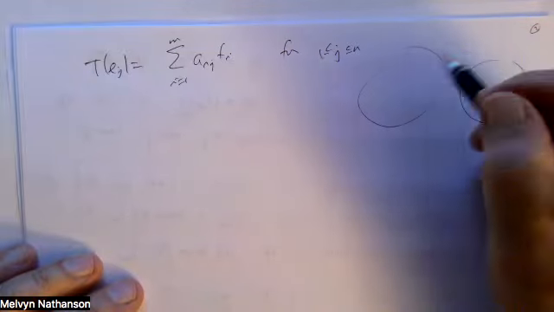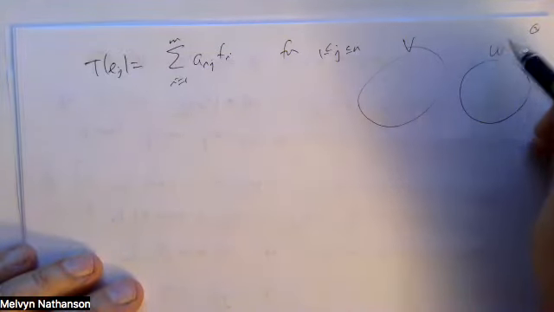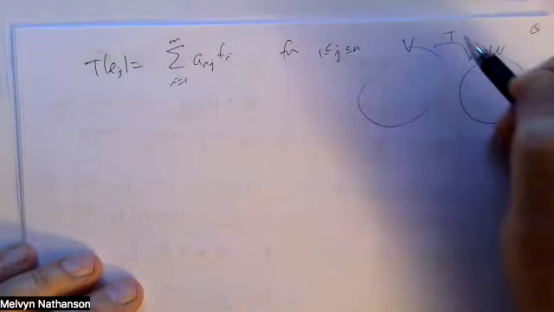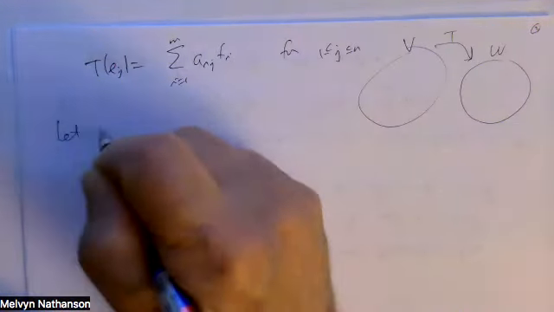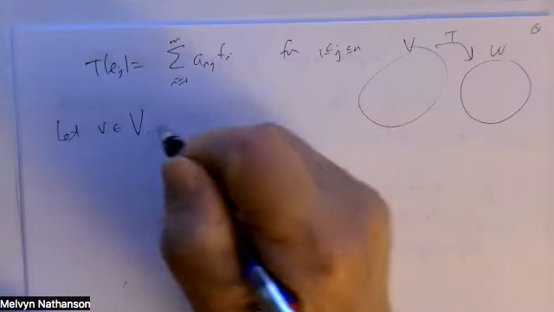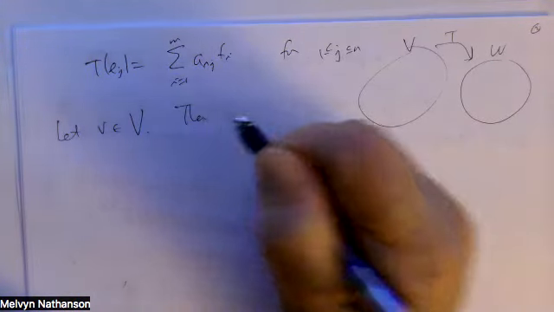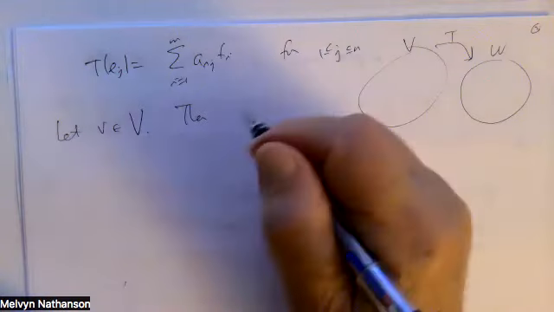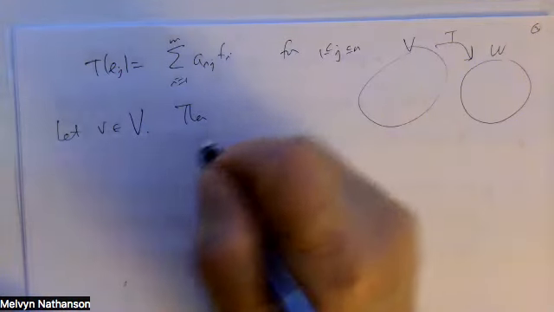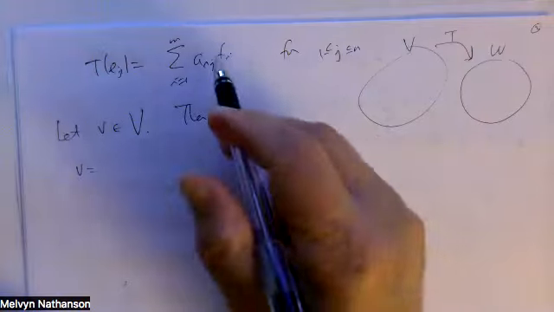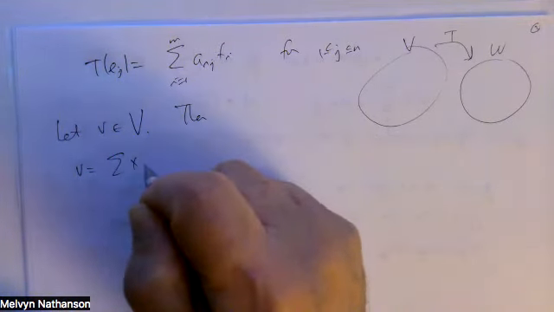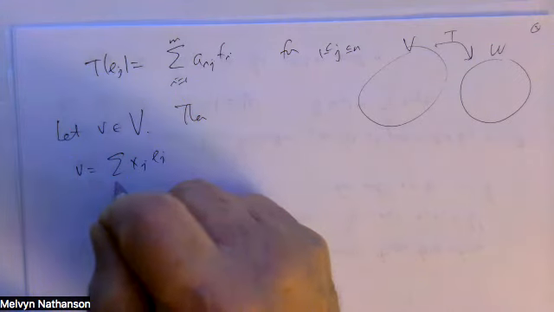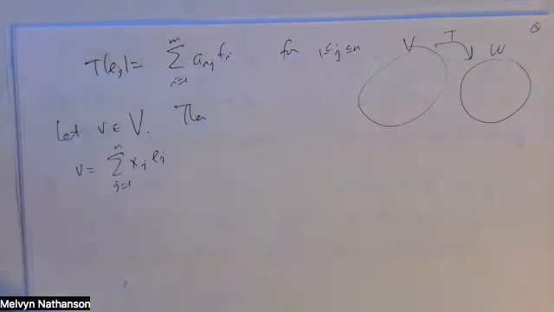Again, we always have this picture. Here's V, here's W, and T is a function from V to W. Suppose we let v be a vector in V. So then v is some linear combination of the basis vectors, summation xj ej, j equal 1 up to n.